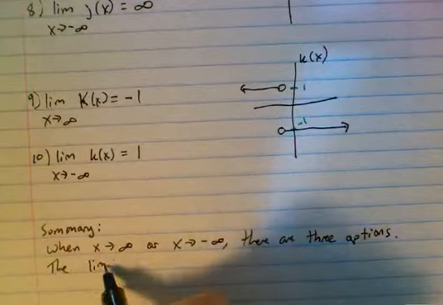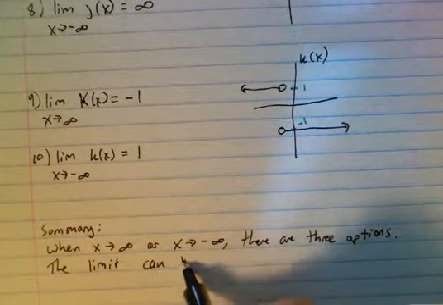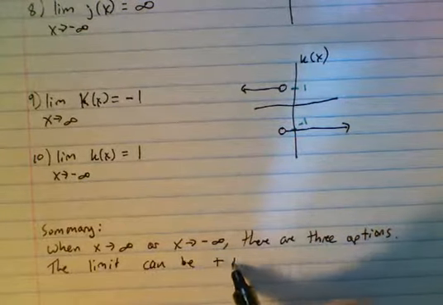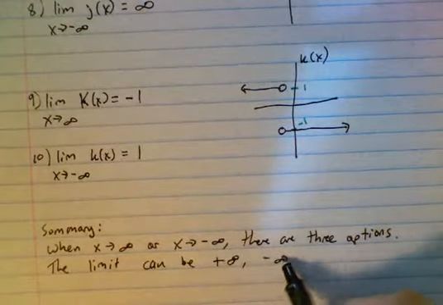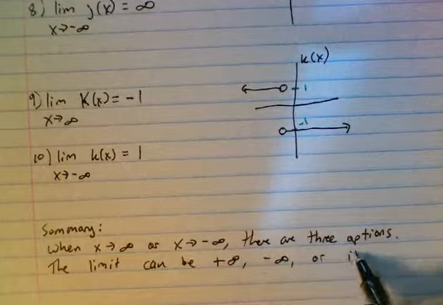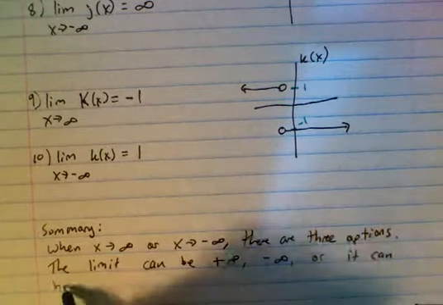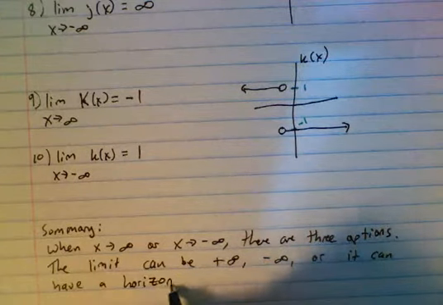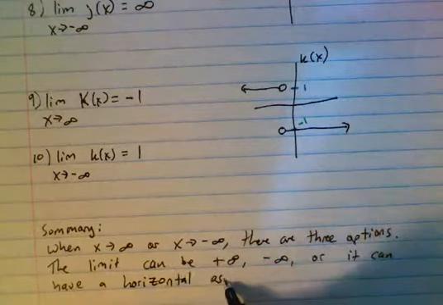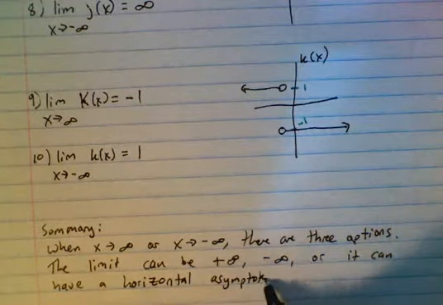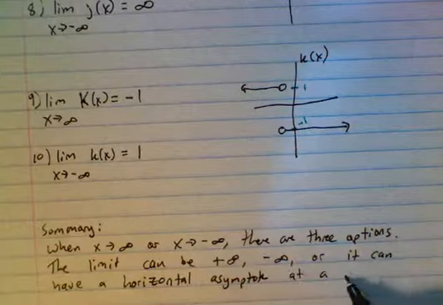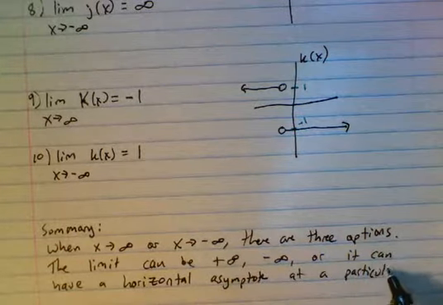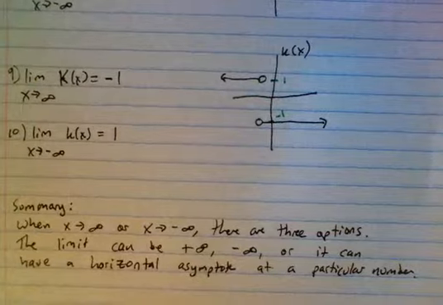The limit can be positive infinity, negative infinity, or it can have a horizontal asymptote at a particular number. Okay, this concludes Limits 1 notes.